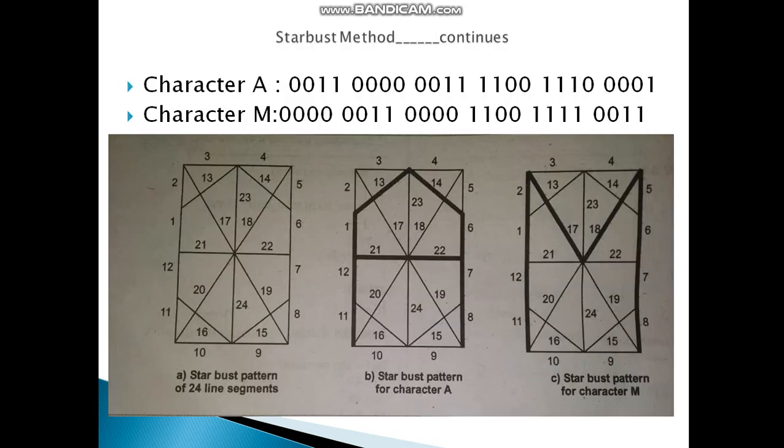Okay, here is the starburst method. Then this is the 24-bit code of characters A and M. By using this code, we draw the characters A and M.